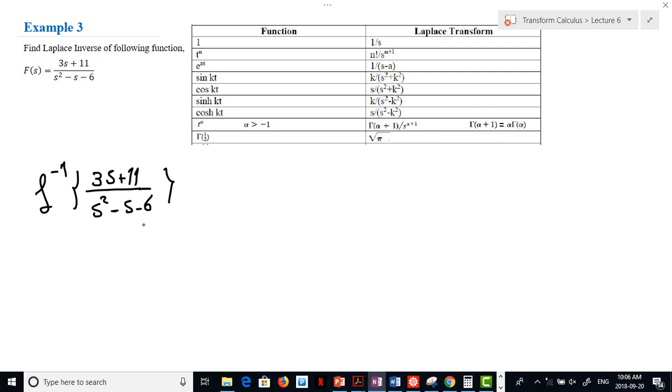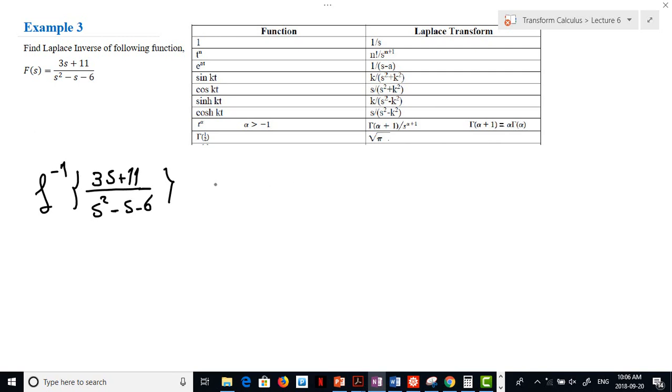So if I look at the denominator and then check the table to see if we have something close to this denominator, the first part we don't have it, the second one is just s to the power of n plus 1, no, the third one doesn't work, fourth one, fifth one, sixth one, seventh one, none of them is working, because we don't have something like s squared minus s minus 6.